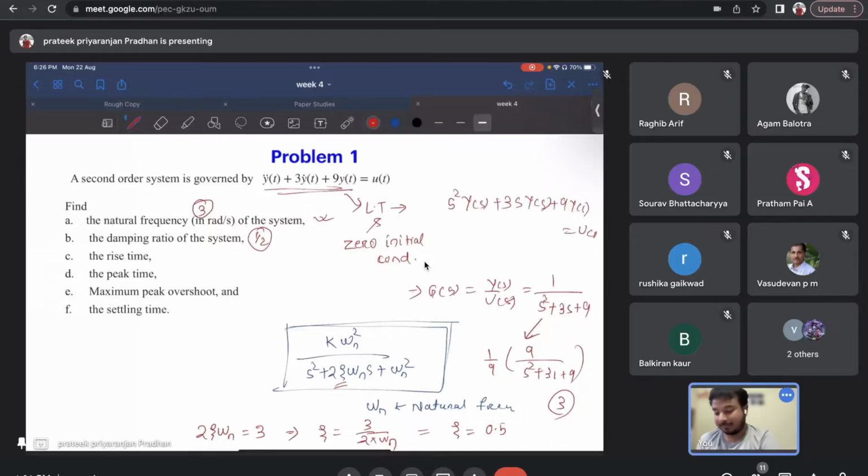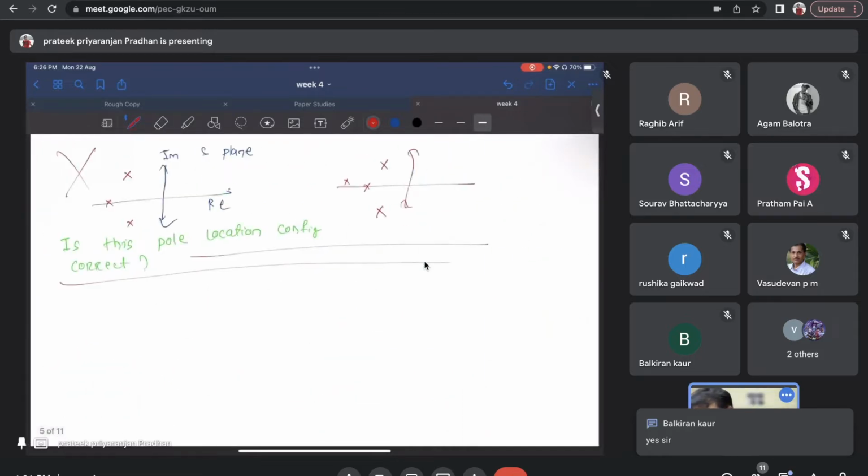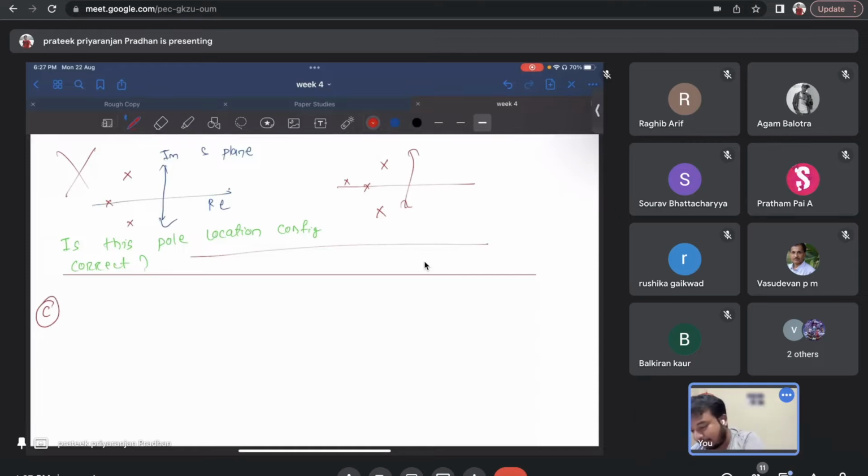What is the rise time? So as you must have seen, here I will try to solve this C part. You might have gone through the lectures, because if I explain those concepts again, it will take a lot of time, and we won't be solving all the questions I have taken today.